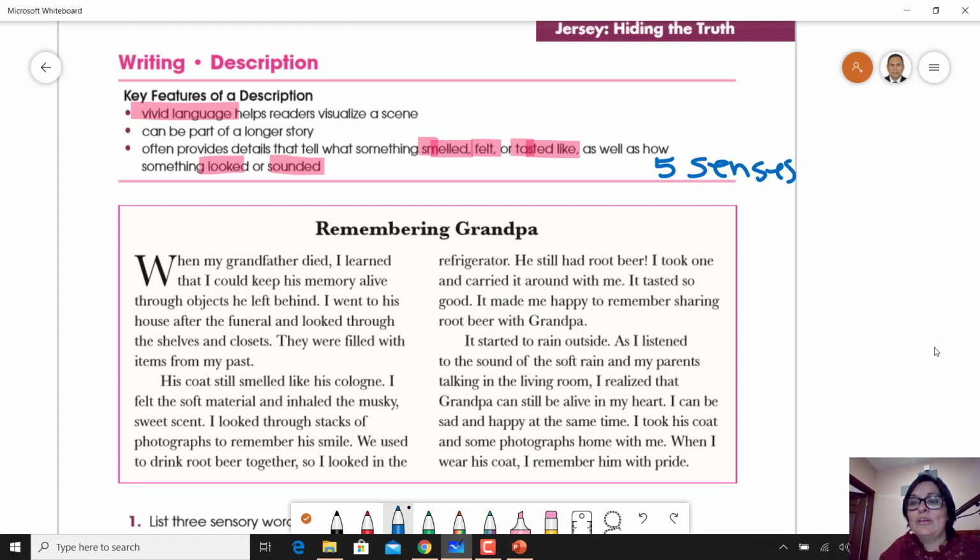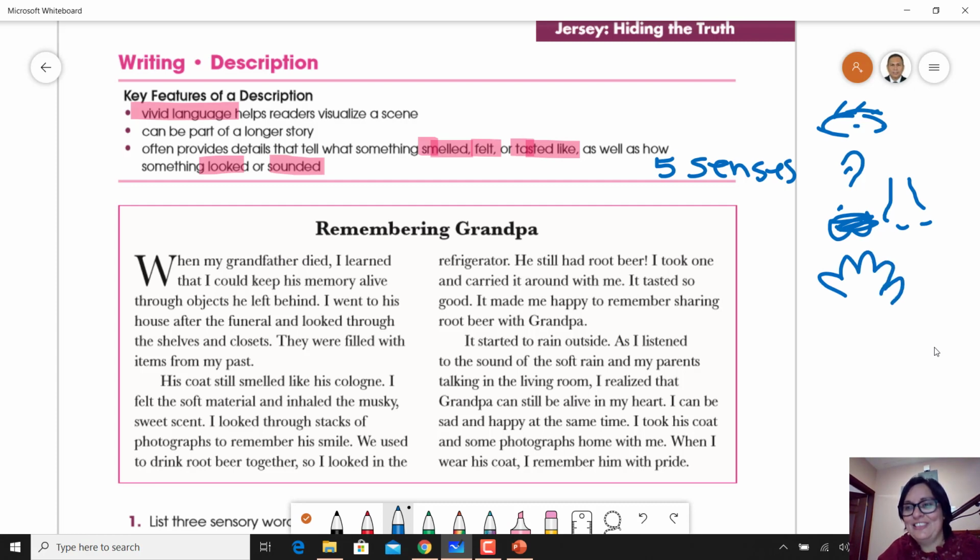Okay, do you remember which ones are the 5 senses? The sight, the ear, the smell, it's a nose, supposedly a nose, the touch, that is a hand. Don't laugh about my drawing, sorry. 1, 2, 3, 4, and what is missing? The taste.